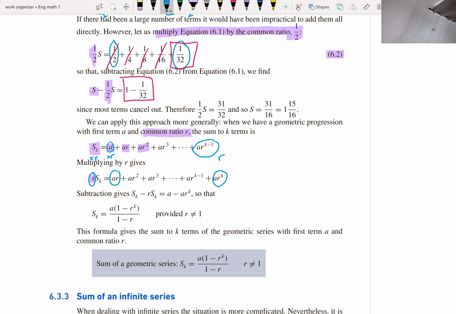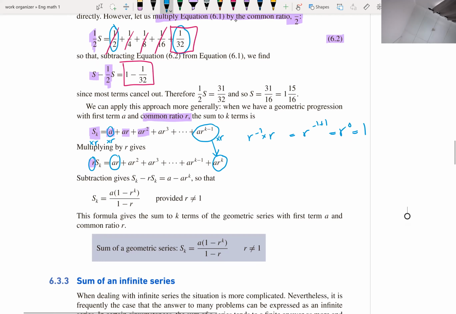R to the power of K minus 1 multiply R, so it will be K minus 1 plus 1, R to the power of K. Multiply R as well.